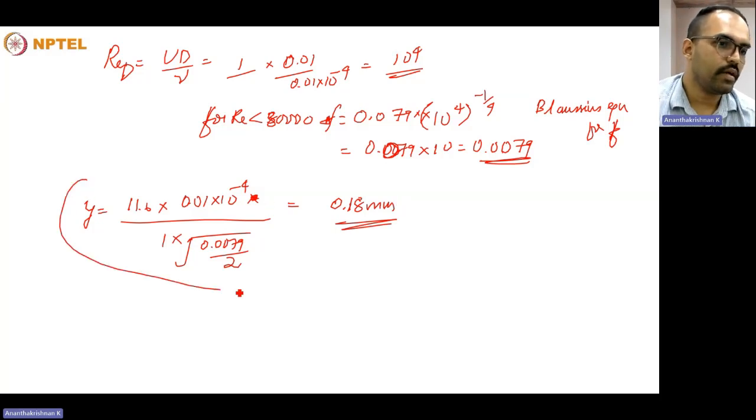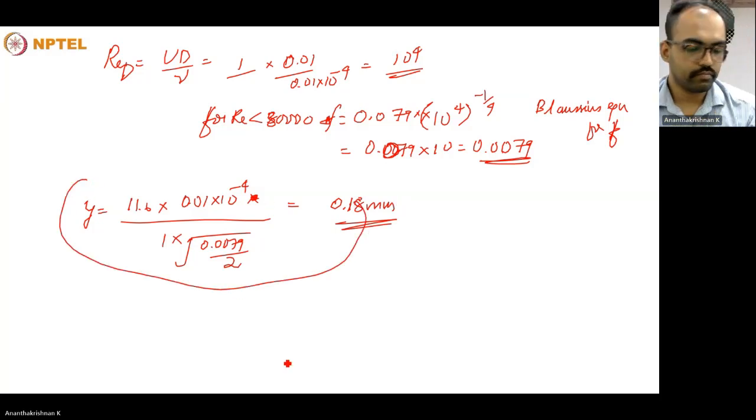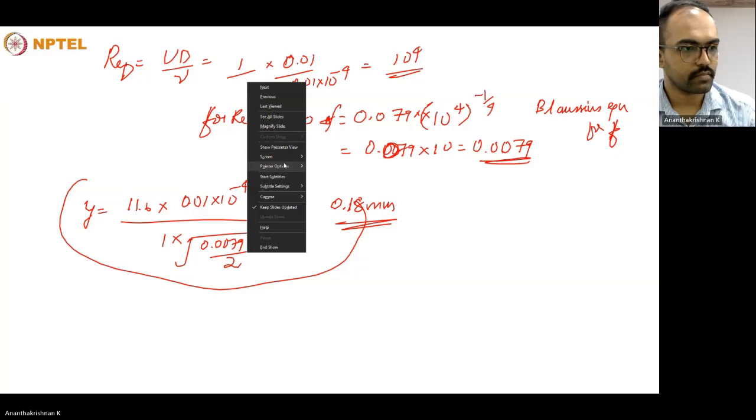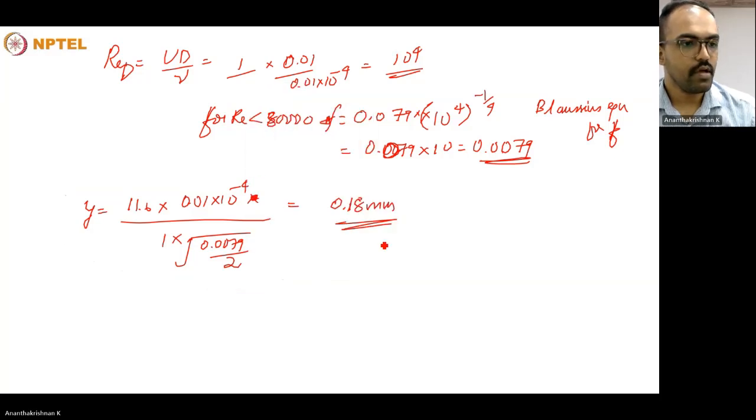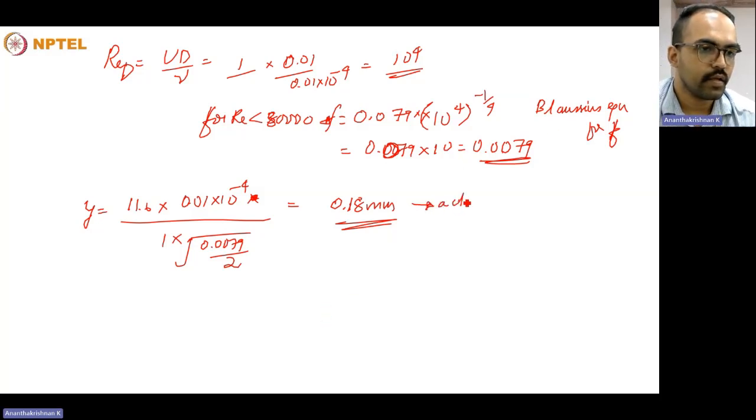So this value of Y is the actual wall thickness, till where the actual viscous sublayer extends.